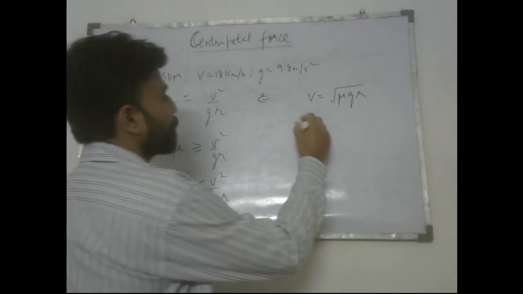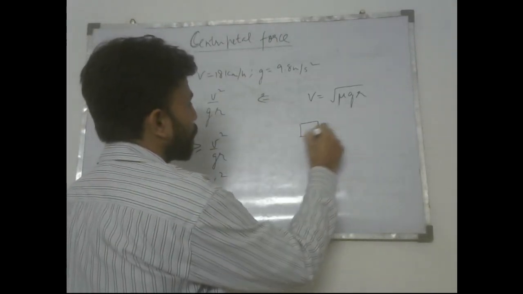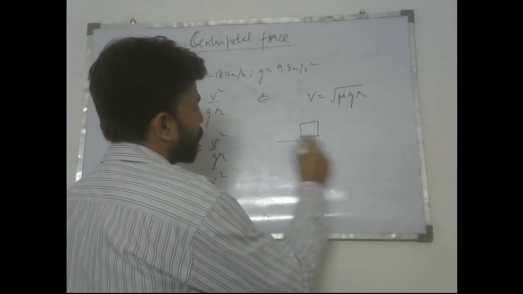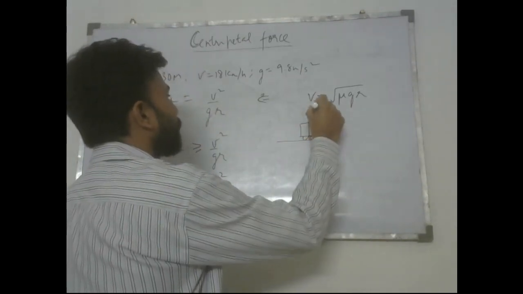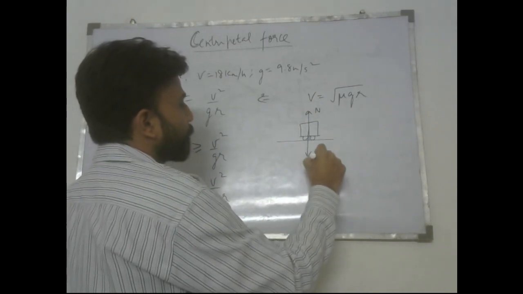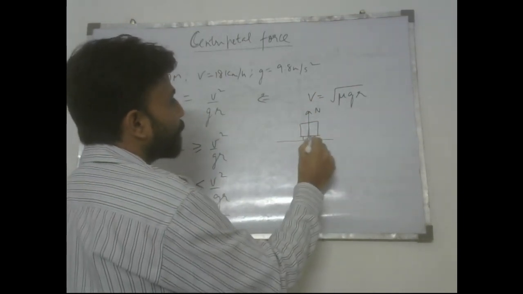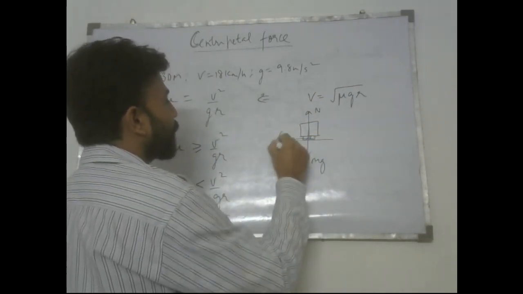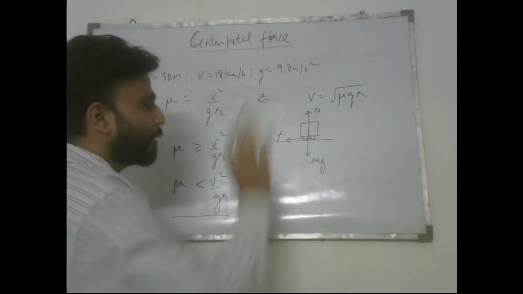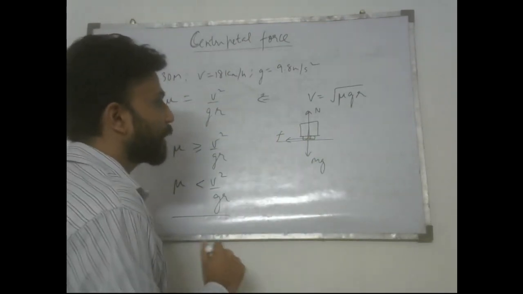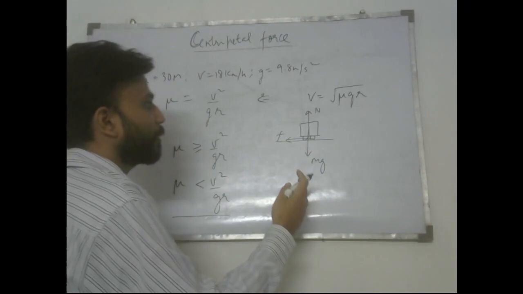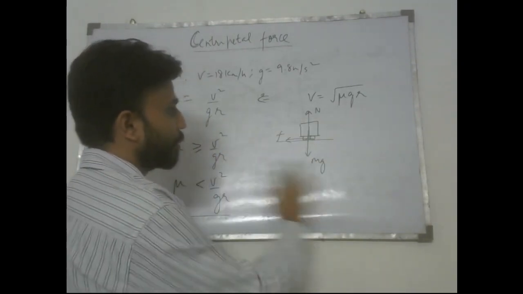So how is this happening? We have a car, normal force is acting on it, gravitational force mg. Even though we say that we won't be required to draw the free body diagram, we have just drawn it for our question's sake.